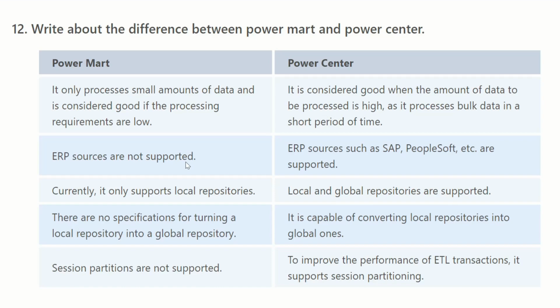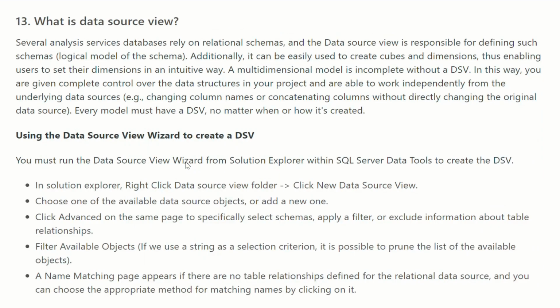But the fourth point in Power Center is it is capable of converting local repositories into global ones. The fifth point in Power Mart is session partitions are not supported. And the fifth point in Power Center is, to improve the performance of ETL transactions, it supports session partitioning.